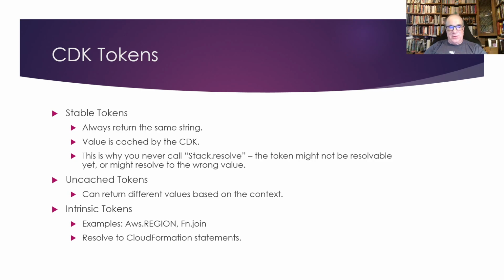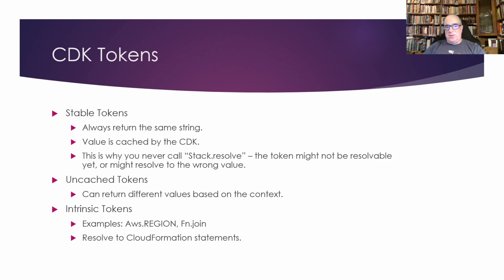There are uncached tokens, and with uncached tokens, the CDK will call the produce function every time it needs to write the value of that token to the template. The CDK will pass a context, and the uncached token can return different values based on the context, and I'll show you an example of an uncached token.